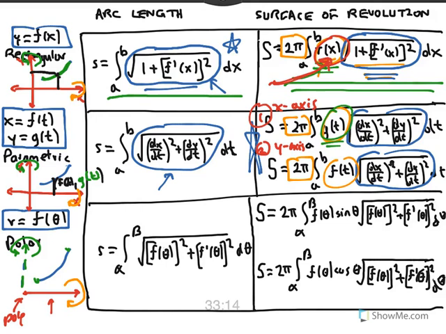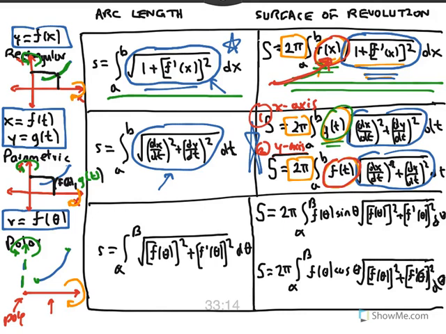So if we're doing the problem in parametric form and the axis of revolution is the y-axis, we should have f of t there, because f of t is the x-coordinate of a point on the curve, and that x-coordinate will tell us the distance from the axis of revolution, the y-axis, to a point on the curve.